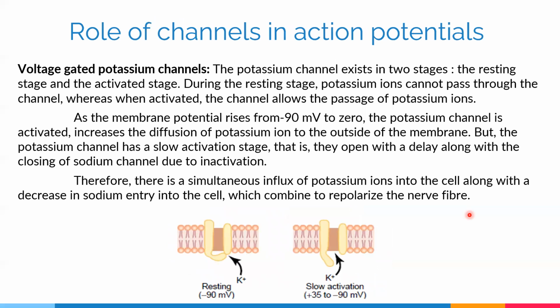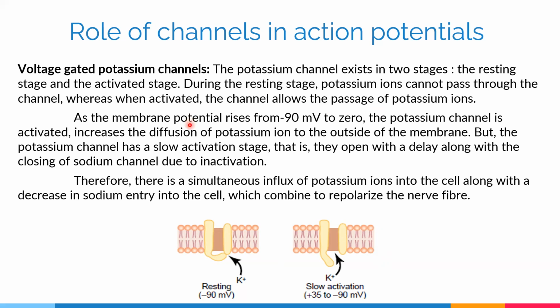Next, let us look into the action of voltage-gated potassium channels. Again, voltage-gated potassium channels are channels whose opening and closing depend on the membrane potential. The potassium channels exist in two states: the resting state and the activated state. During the resting state, potassium ions cannot pass through the channel, whereas in the active state, the potassium ions can pass through the channel.